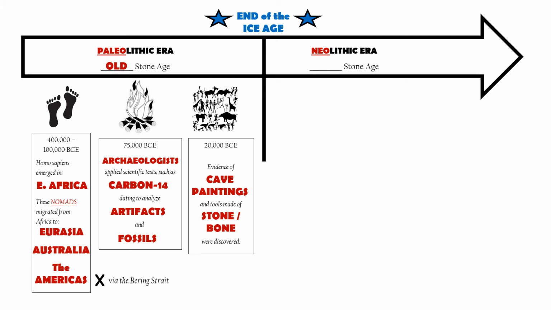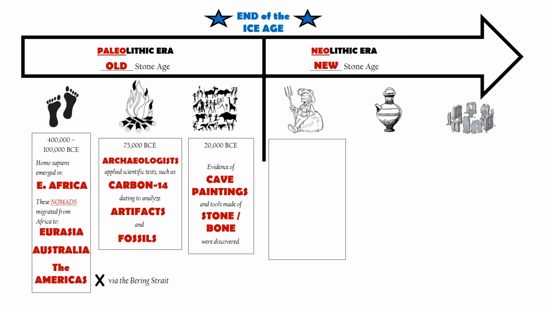So the Neolithic era means the new Stone Age, neo meaning new. And a couple of pictures to remind you about the characteristics of the Neolithic era. We're going to begin here around 10,000 BCE, when Homo sapiens became more settled and they discovered the benefits of growing crops, or agriculture.